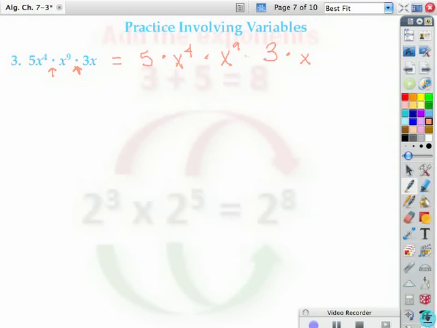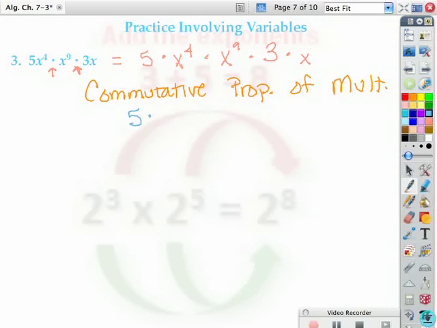If we use our commutative property of multiplication, we can rewrite this whole phrase up here and actually move our numbers together. So we have 5 times 3, and then move the variables so they're next to each other. x to the 4th times x to the 9th times x.